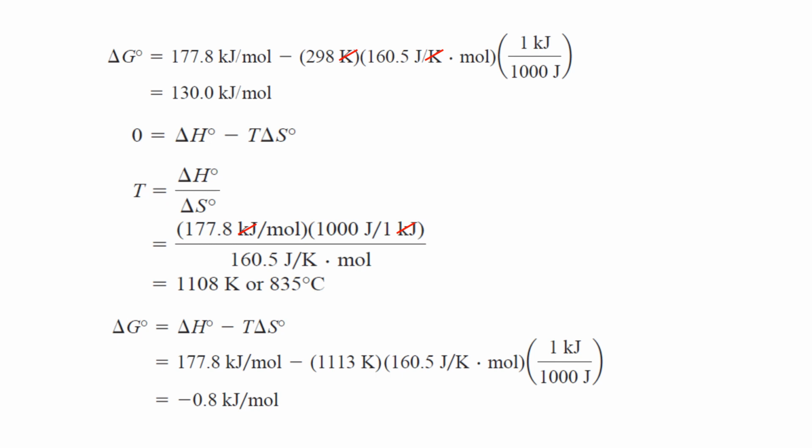Using the original equation for change in free energy, we substitute 177.8 as change in enthalpy and 1113, the condition we set for the reaction, and then the calculated change in entropy of the reaction, 160.5 joule. Convert that again to kilojoule, canceling the necessary units. We will have negative 0.8 kilojoule per mole.